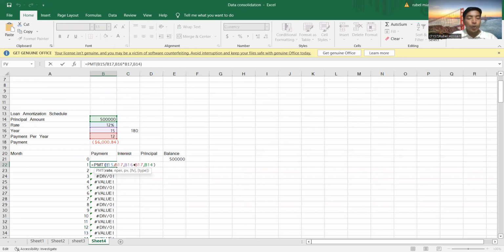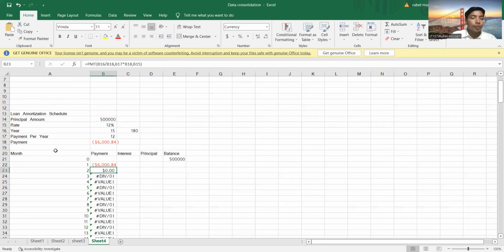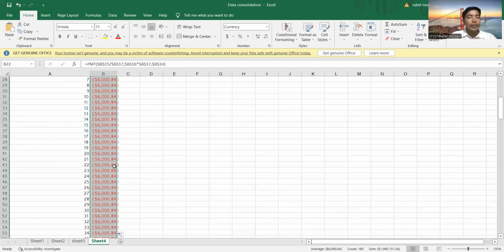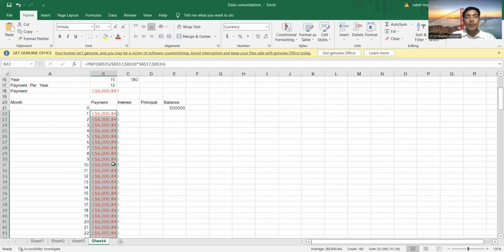So for freezing, click on function 4. All the amounts will be frozen. Then click on enter and all the amounts will be filled up. Here you can see easily all the blank options have been filled up by the payment.